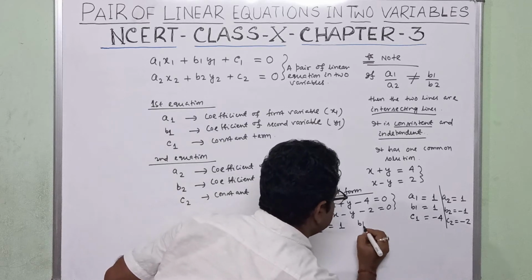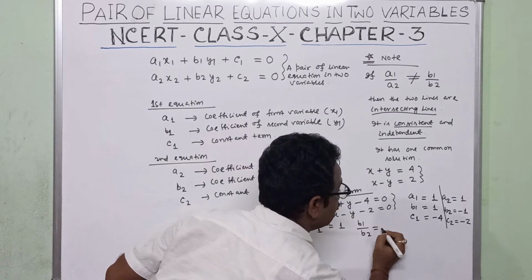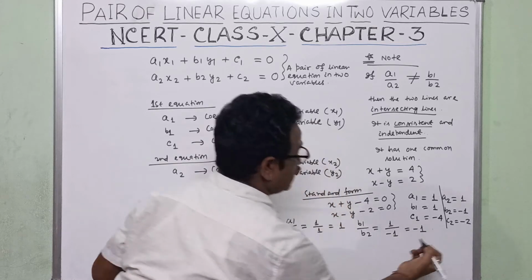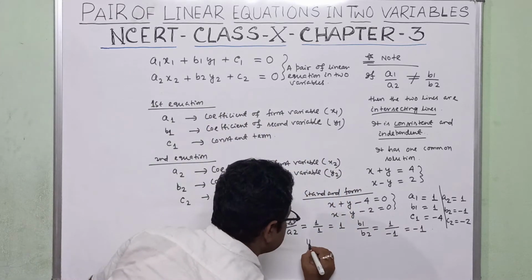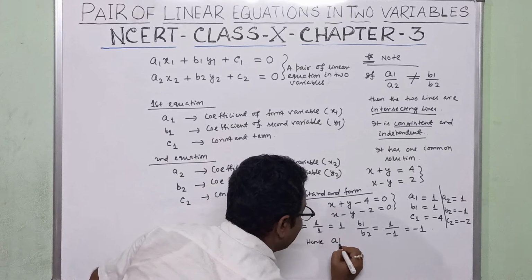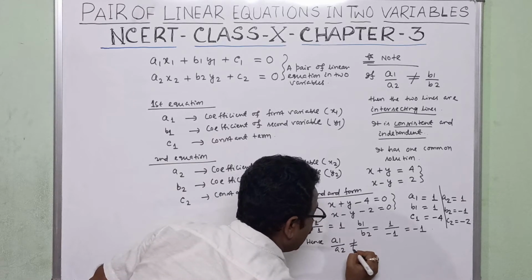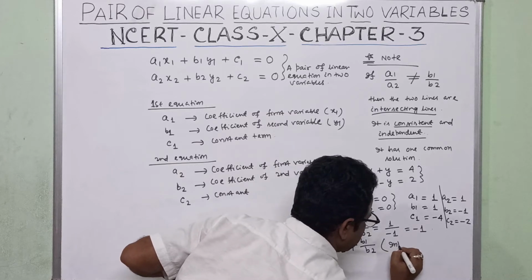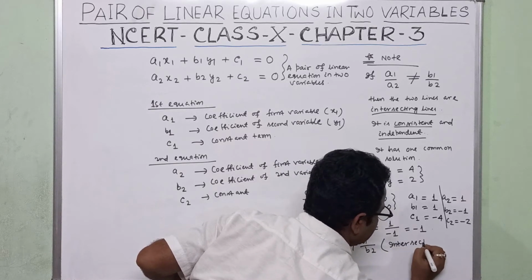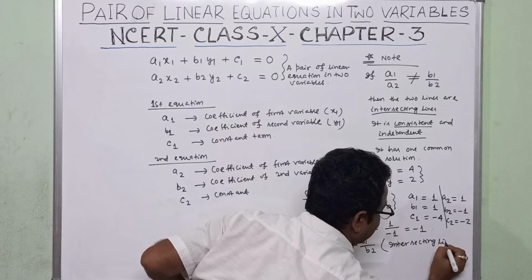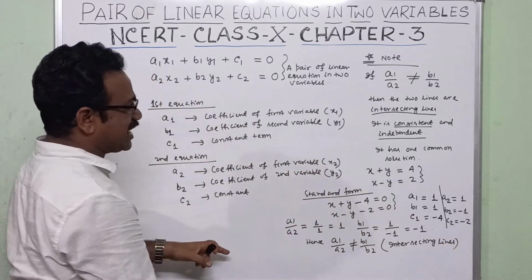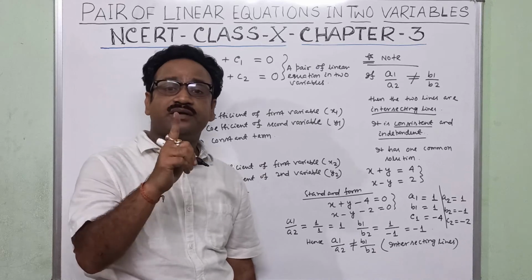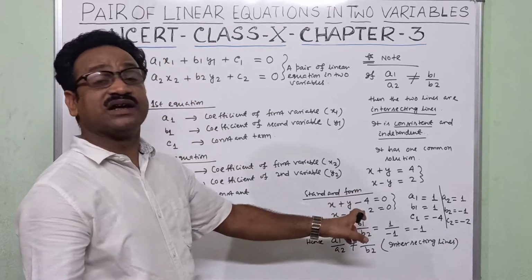Now b1 by b2 is equal to 1 by minus 1 is equal to minus 1. Hence a1 by a2 is not equal to b1 by b2. So intersecting lines. This pair of equations has one common solution and it is intersecting.